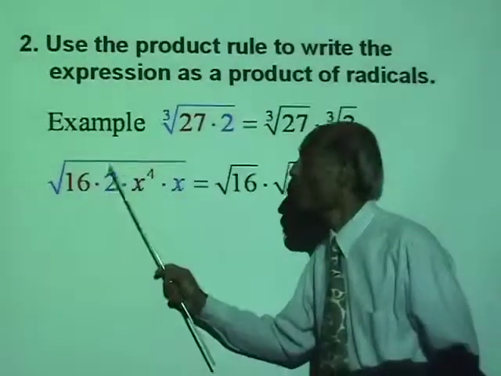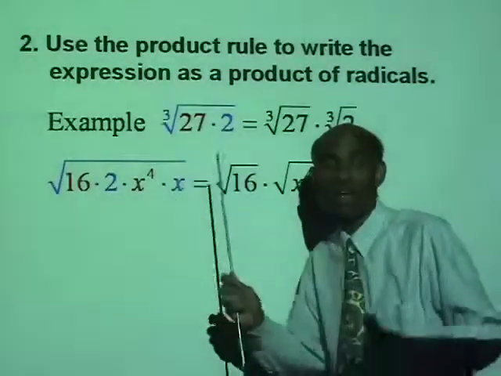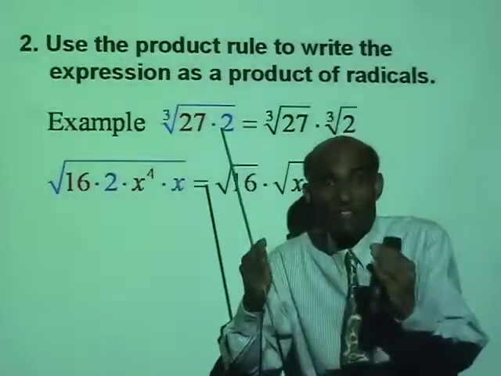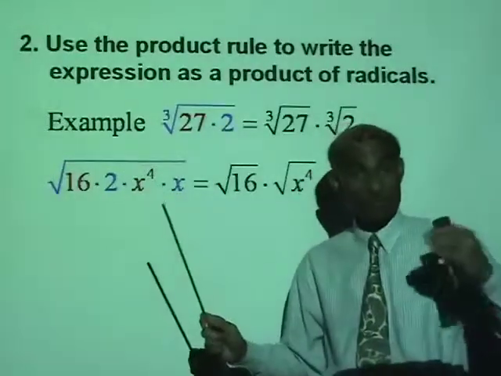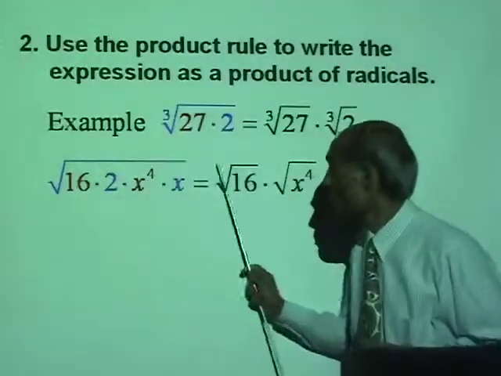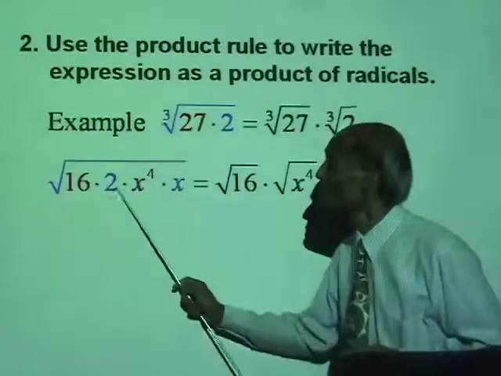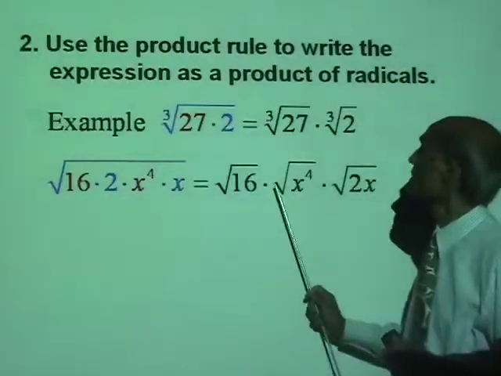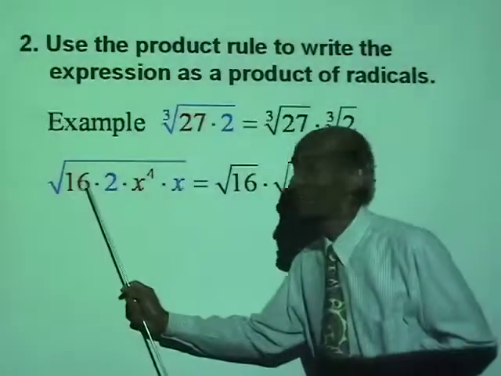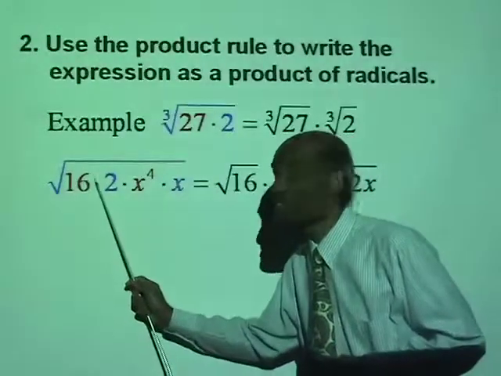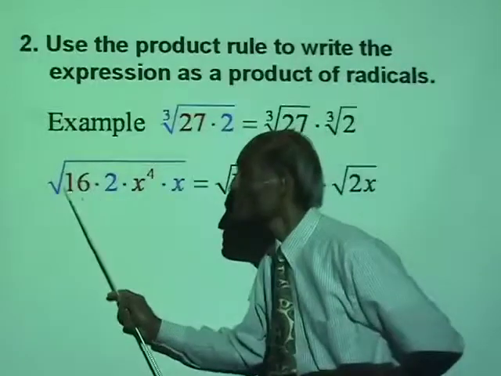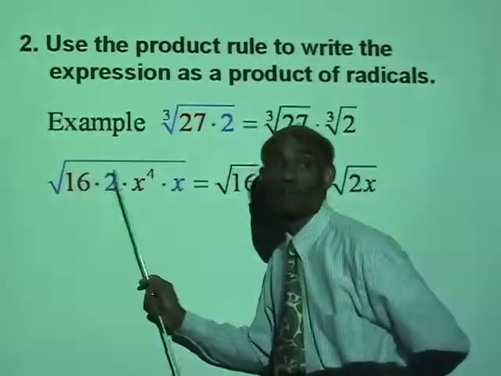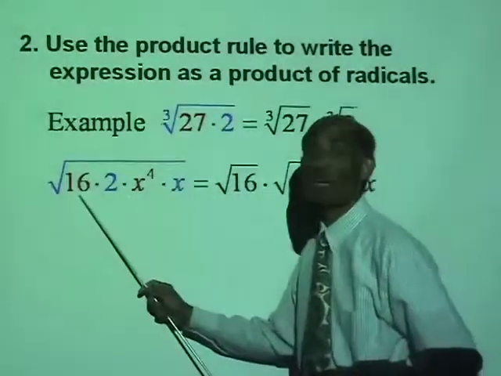There are 4 different terms in there. I can write each of them under separate radicals using that product rule. That will be square root 16 times square root, well, if you notice, let's identify the perfect squares first. 16 is a perfect square, so I wrote square root 16.